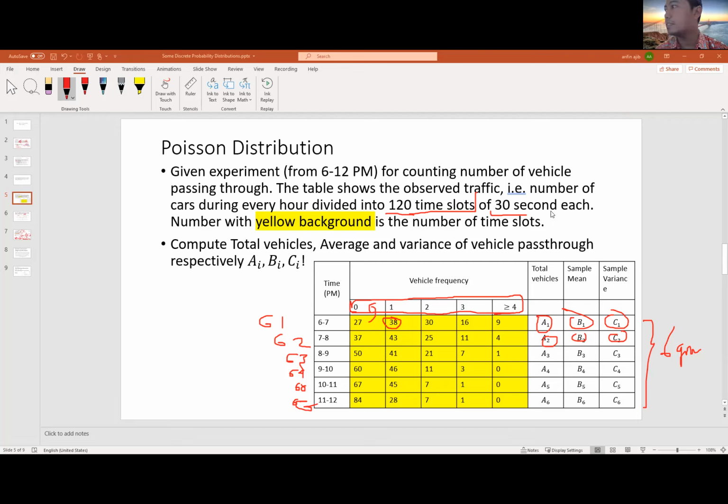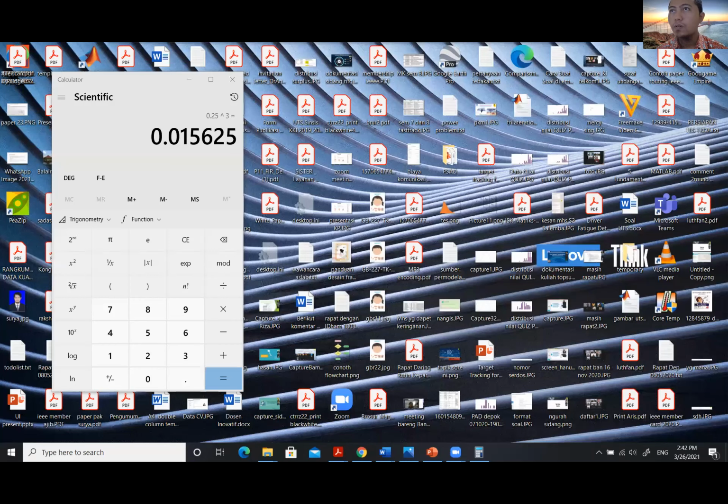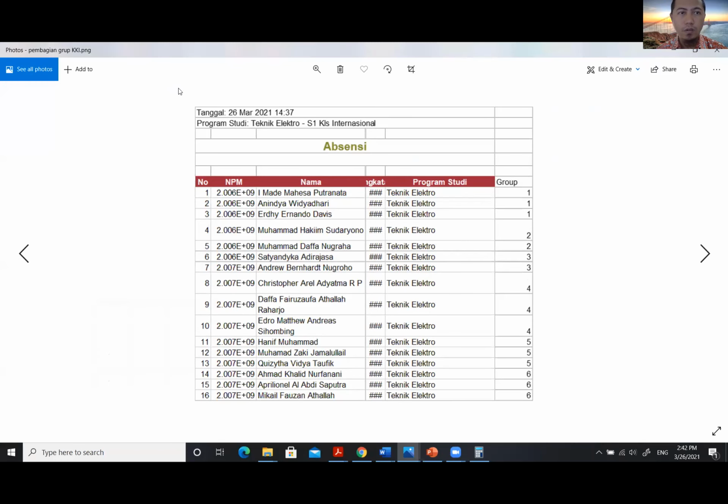Okay, I have uploaded the grouping for conducting this assignment. Have you seen? Can you see the group?